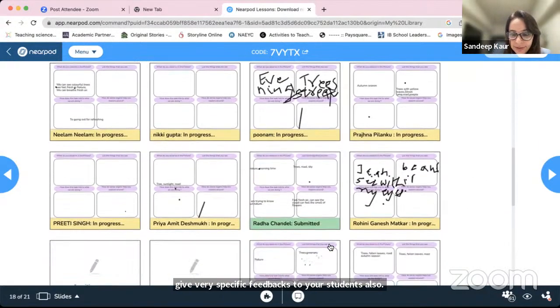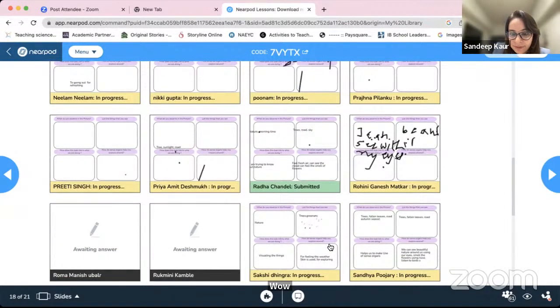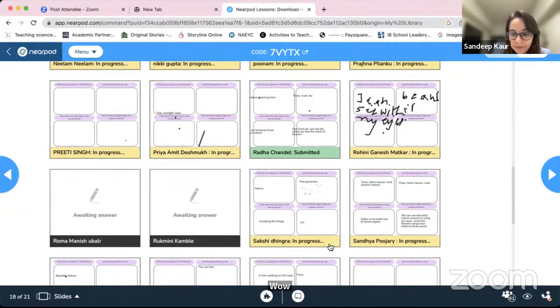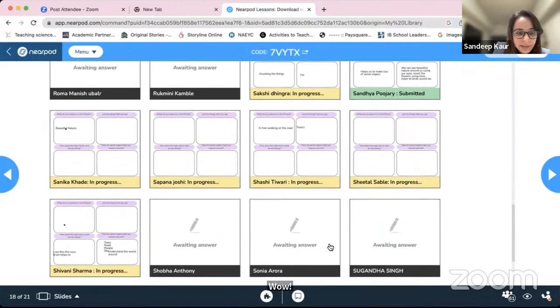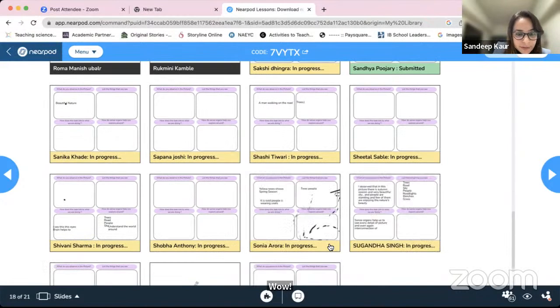Wow. Great. Amazing. Now, somebody said, okay, yellow trees show spring season.